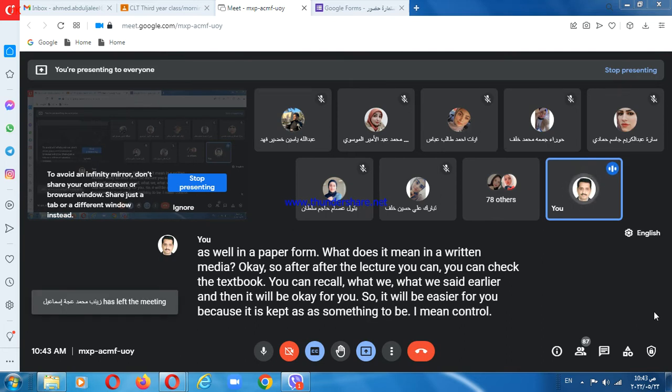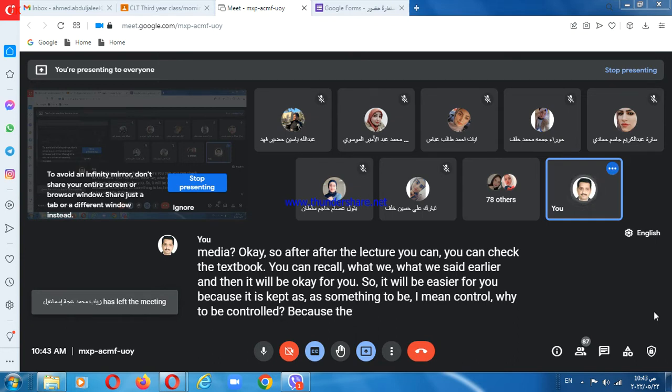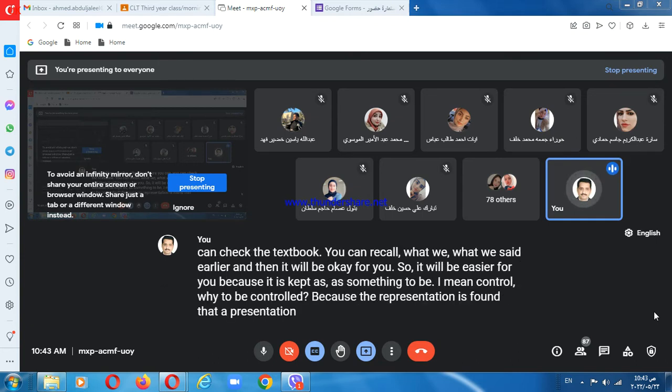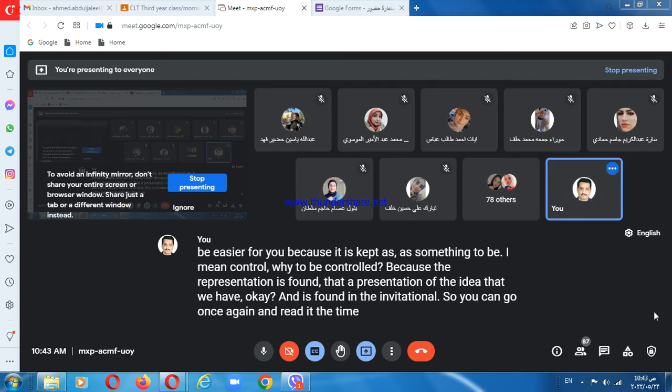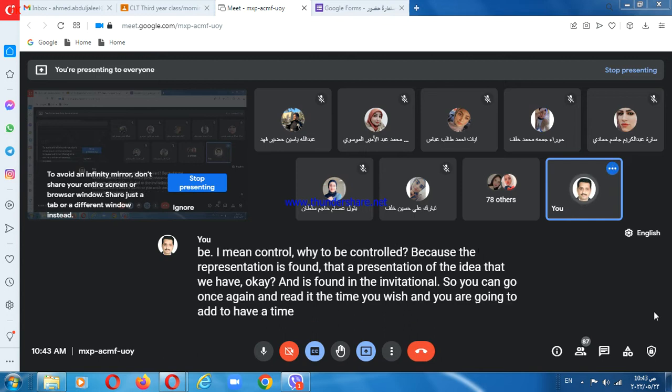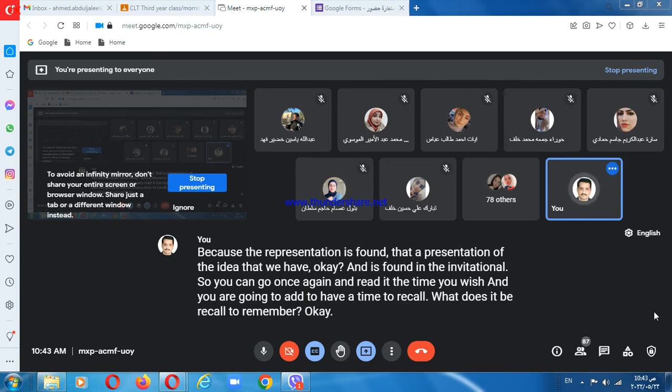Why controlled? Because the representation of the idea that we have is found in the textbook. So you can go once again and read it whenever you wish, and you will have time to recall. What does recall mean? To remember. And this is if you just want to read something written.